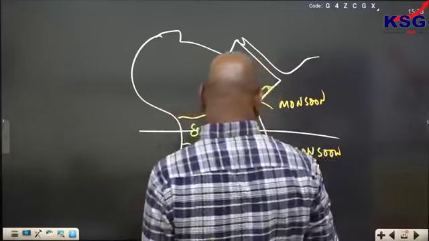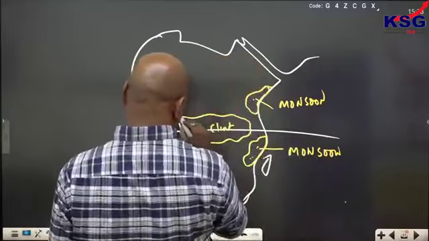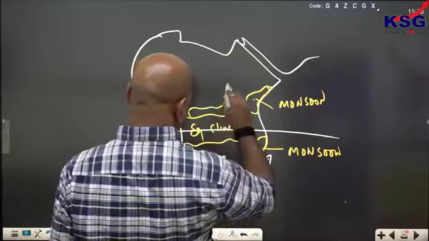You have the desert type of climate or savanna. Here it is savanna climate.